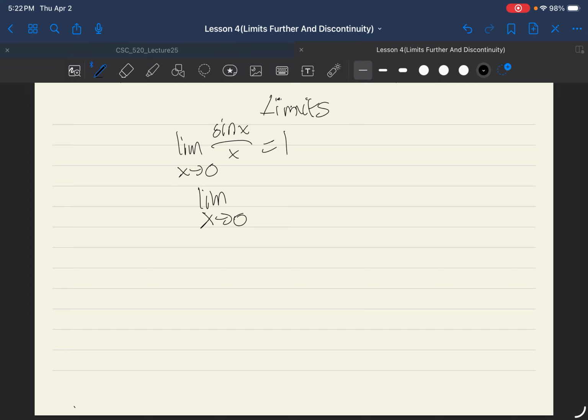So let's say the limit as x approaches 0 of 4 sine x over x. We already know that sine x over x is going to be 1, and we can just take that 4 out, multiply by that 1, and you get 4.